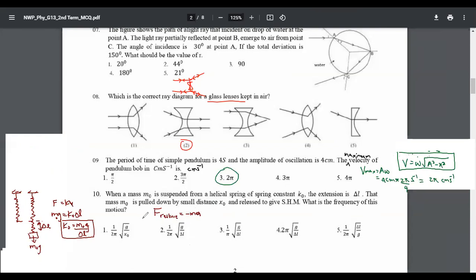The restoring force means the additional force, not the total force acting on the object. The object was at equilibrium here. When you make a small change, there is an additional force created on the object. The additional force created is k times delta x, where delta x is the further extension in the length of the spring. Therefore, the additional force is k x naught. Restoring force is the additional force created.